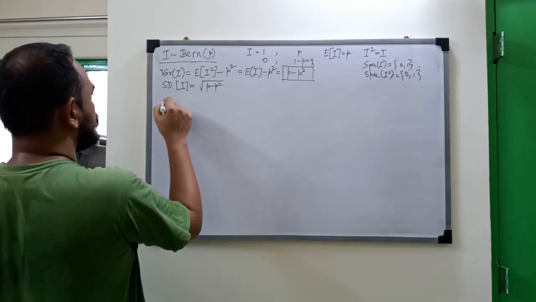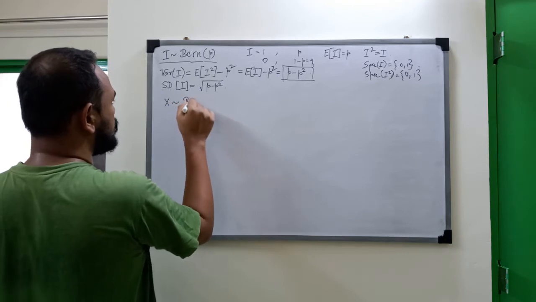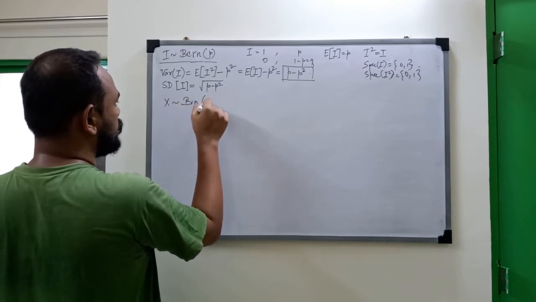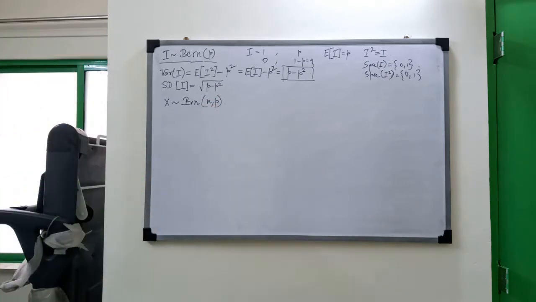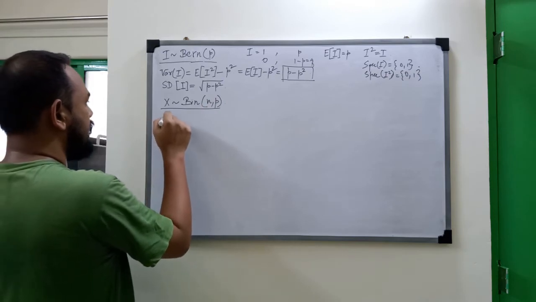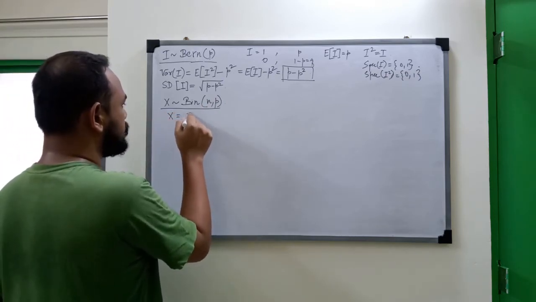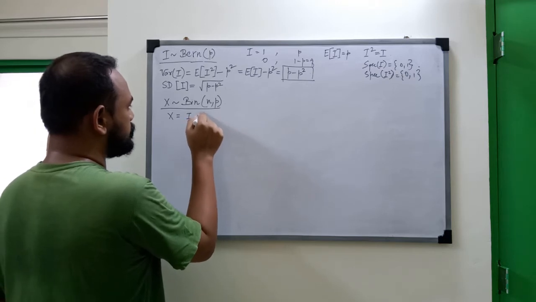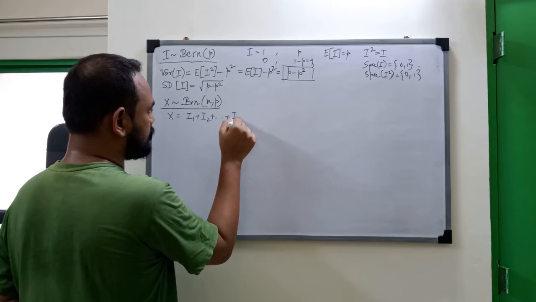What if a random variable x is a binomial random variable with parameters n and p? What's the variance of x? Well, x, as we know already, can be written as a summation of n Bernoulli trials.